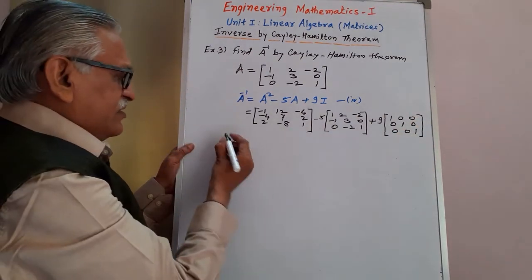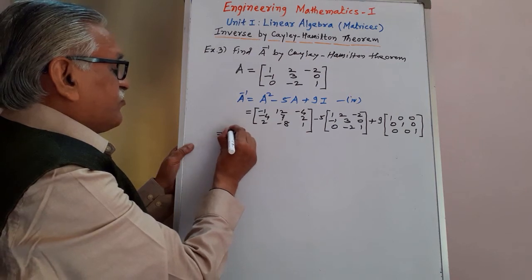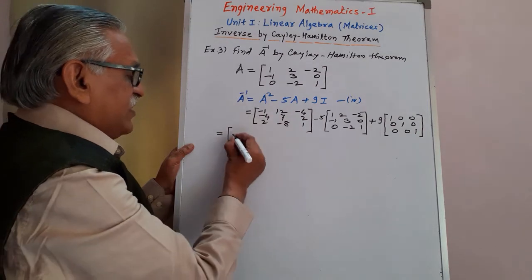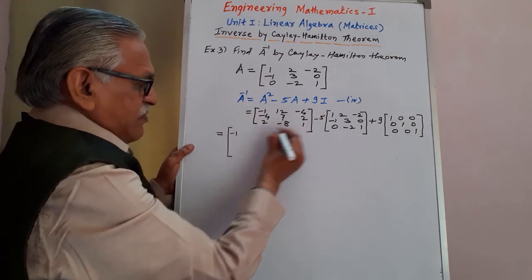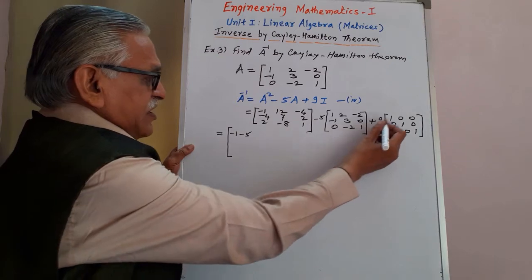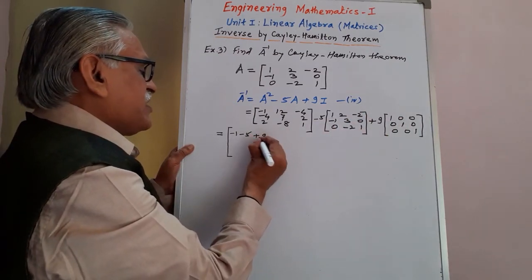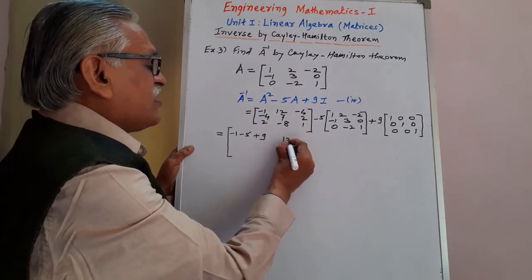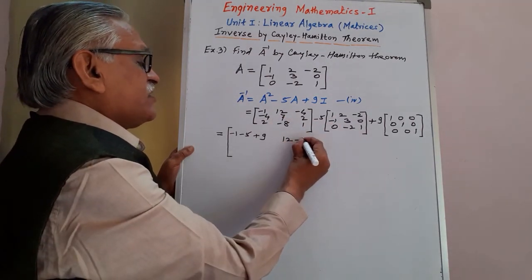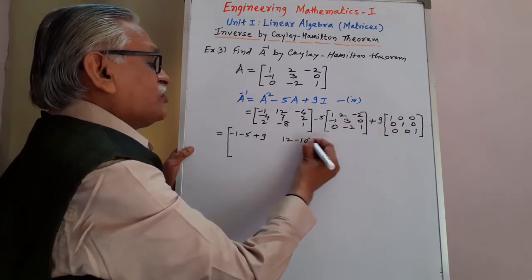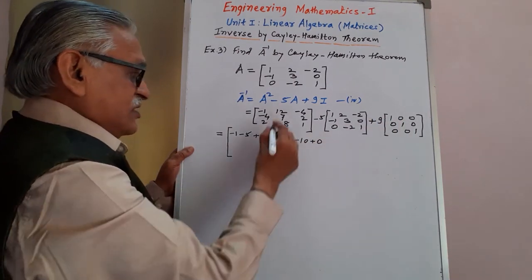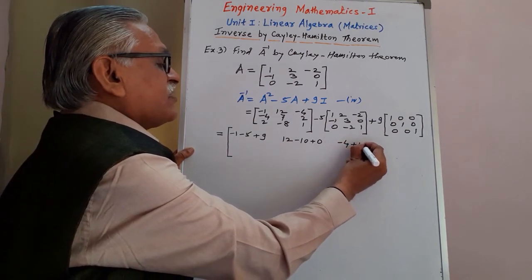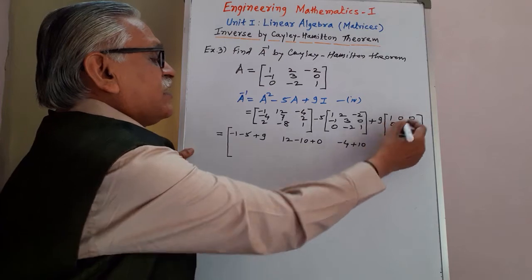And then simplifying it, it is equal to minus 1 minus 5 and plus 9, first element of all. Then addition of second element 12 minus 10 and 0. Then third element minus 4 plus 10, and plus 0.